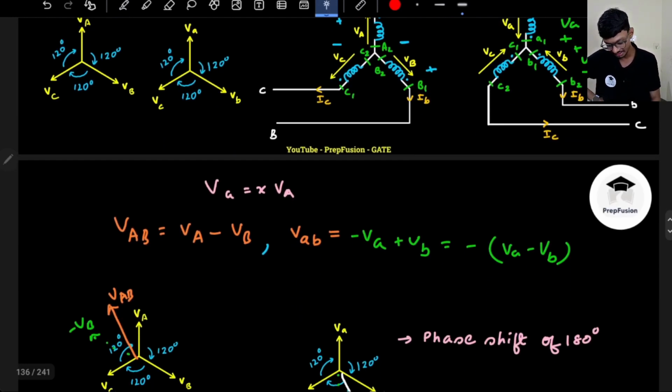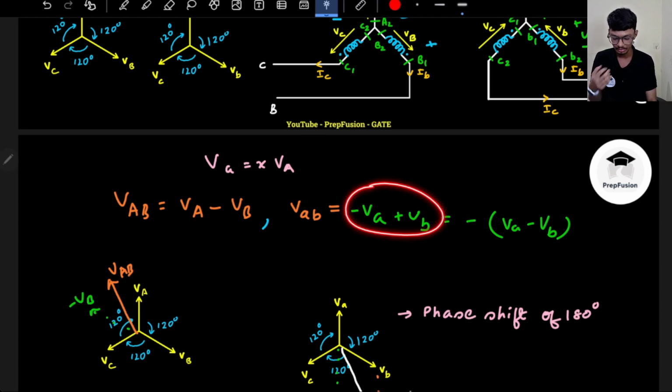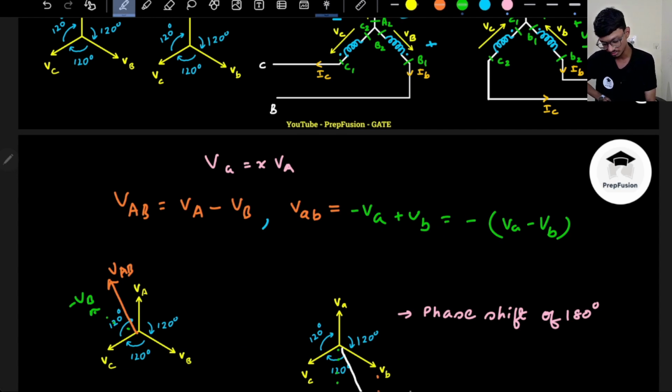Same thing here, right? VAB and small VAB will be root 3 times the phase voltage. There is no difference because there is just a negative sign, that's it. If I take the magnitude of plus 3 and the magnitude of minus 3, it will be 3 only. So here as well, I am taking the magnitude, so it will be root 3 times the phase voltage only.